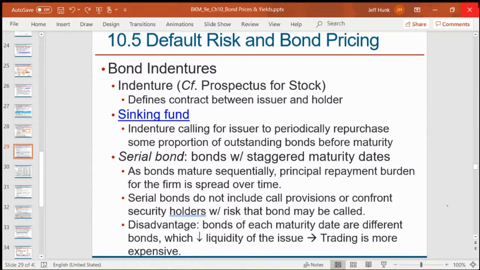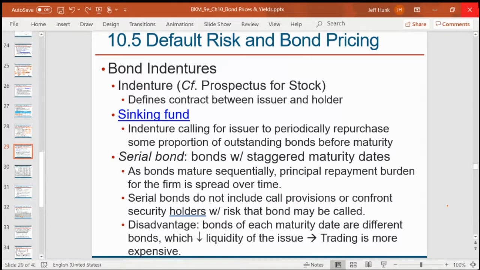But why is it brought up here? First of all, think about it. The sinking fund can increase the credit rating. It can raise the credit rating of the bond.